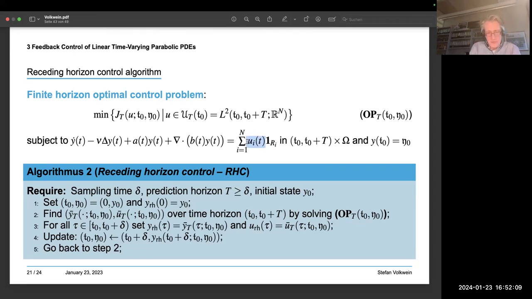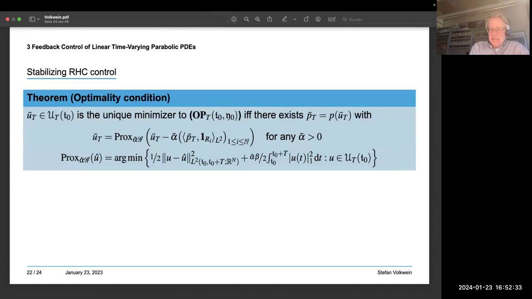Then you shift your time horizon by delta, and again take this horizon capital T, solve again, take the first step of the computed control, apply it to the system. And the hope is that with these successively computed controls, my y goes to 0. That is what I want to have. And it can be done.